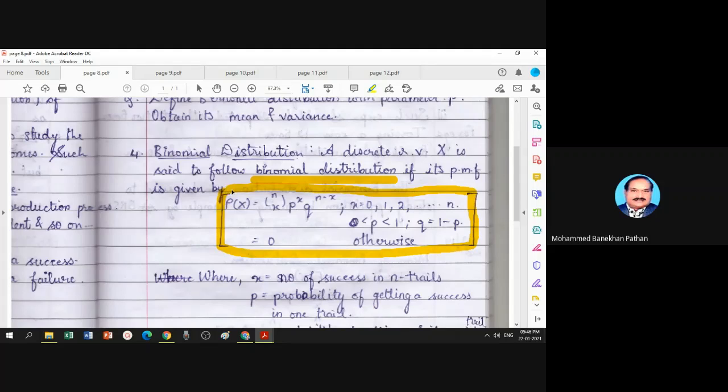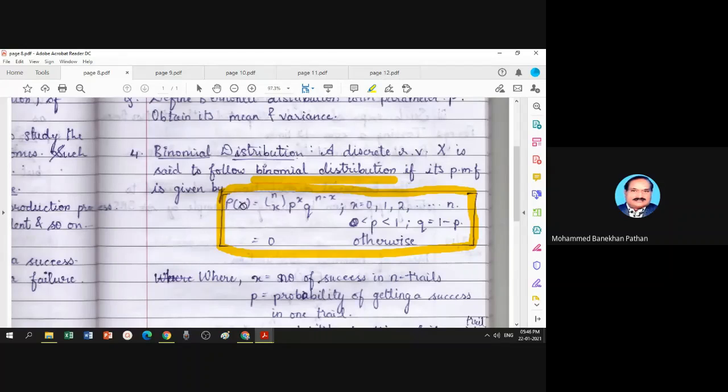So what is the binomial formula? P(x) equal, it should be small x because probability is defined at each value. So when you think about each value, it is a small x.